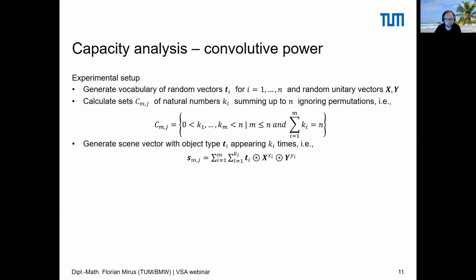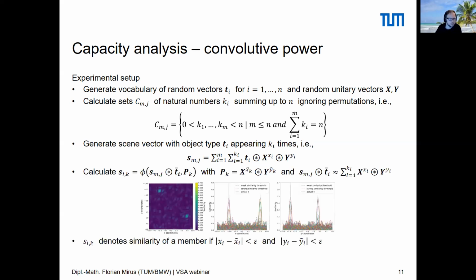So basically, the object of type t_i is appearing k_i times, and by summing up, we generate a scene vector encoding each position. Then again, I calculate the similarity between the scene vector and discrete position values.